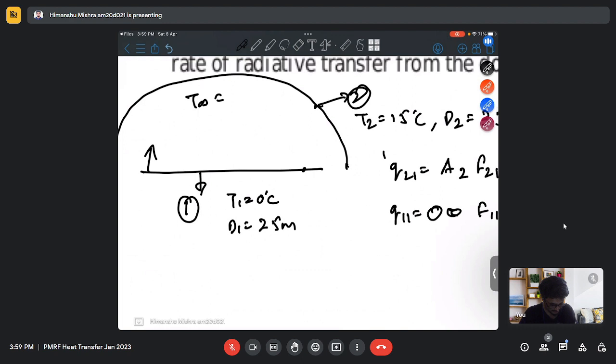That means whatever radiation comes out from surface 1 will fall on surface 2, and there will be an exchange of heat transfer from surface 2 to surface 1 or surface 1 to surface 2.